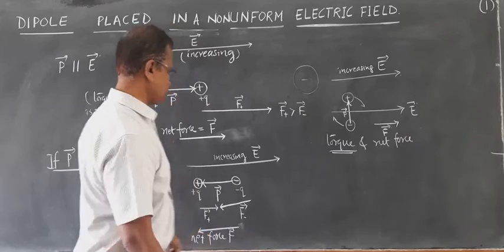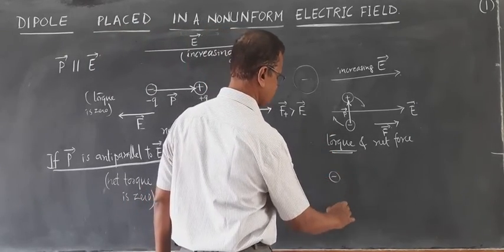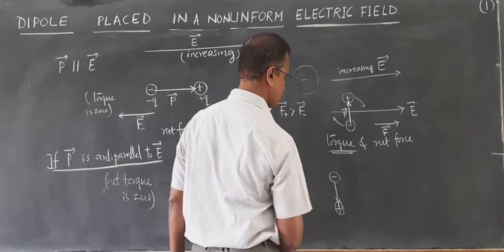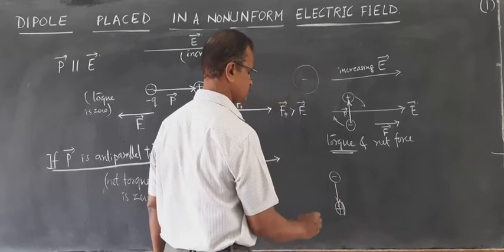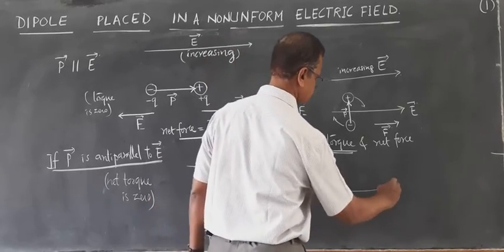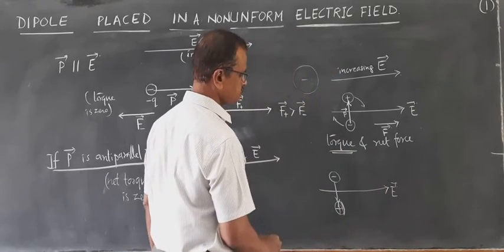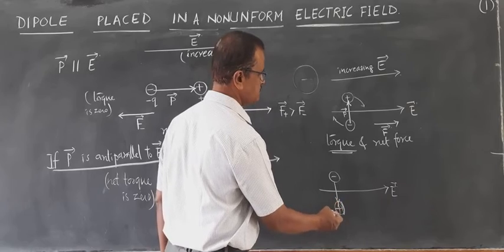Same case if it is placed in the reverse manner. Suppose this is the way it is kept, then what happens? If this is the direction of the electric field, increasing electric field, what happens?